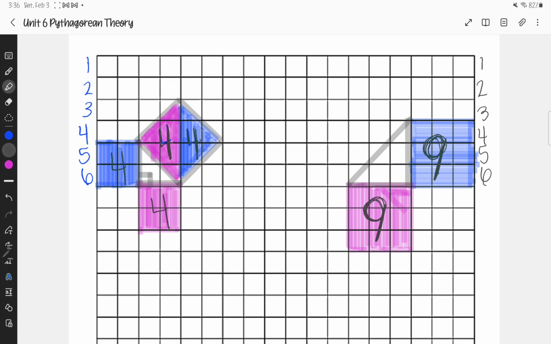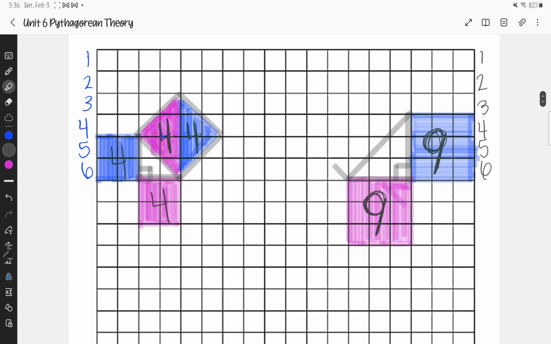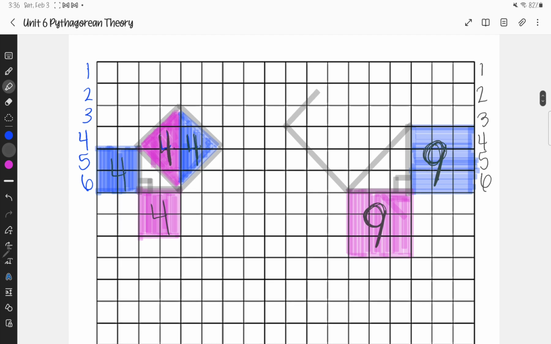So those two side lengths together. And then, since I went through 3 tiles, I'm going to go right through the diagonal, through 1, 2, 3. 1, 2, 3. 1, 2, 3. And we can count. I'm going to do 1, 2, 3, 4, 5, 6, 7, 8.